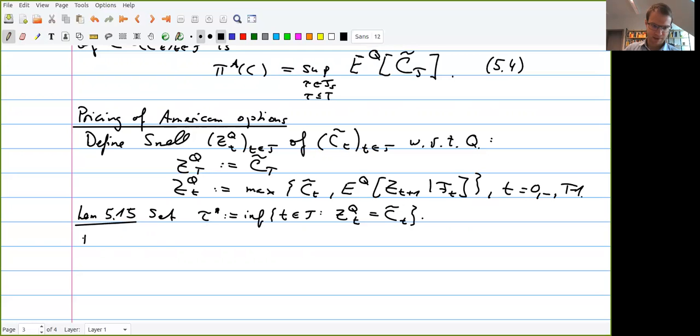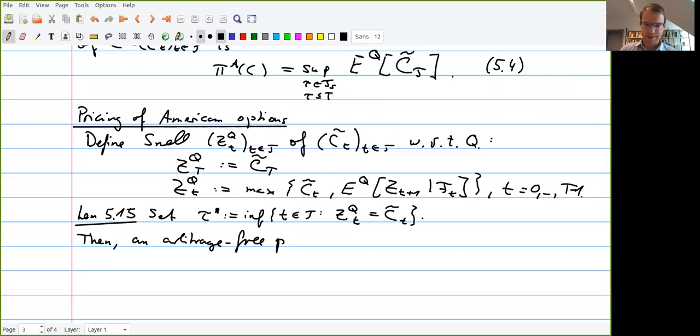So this means then an arbitrage-free price, and yeah, you might already guess it, right? We know what this object here is in terms of the Snell envelope.